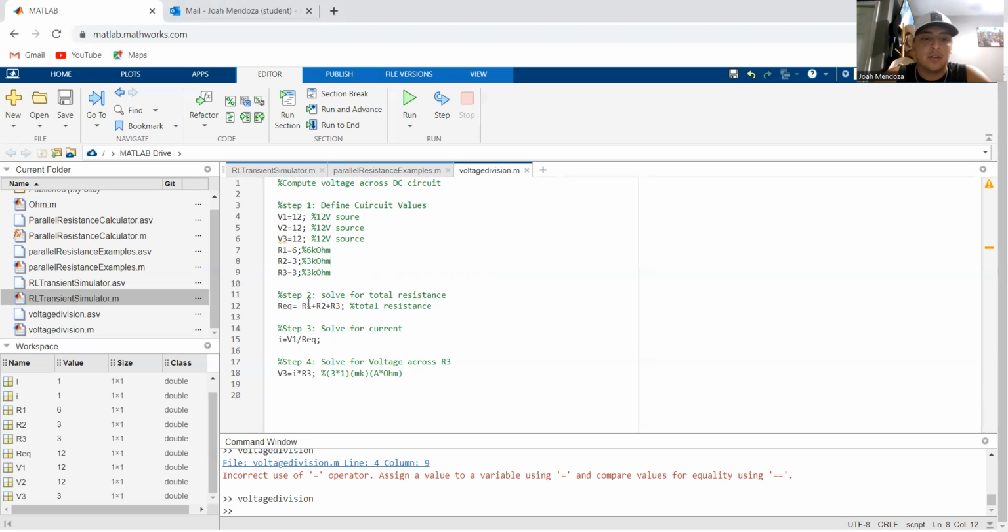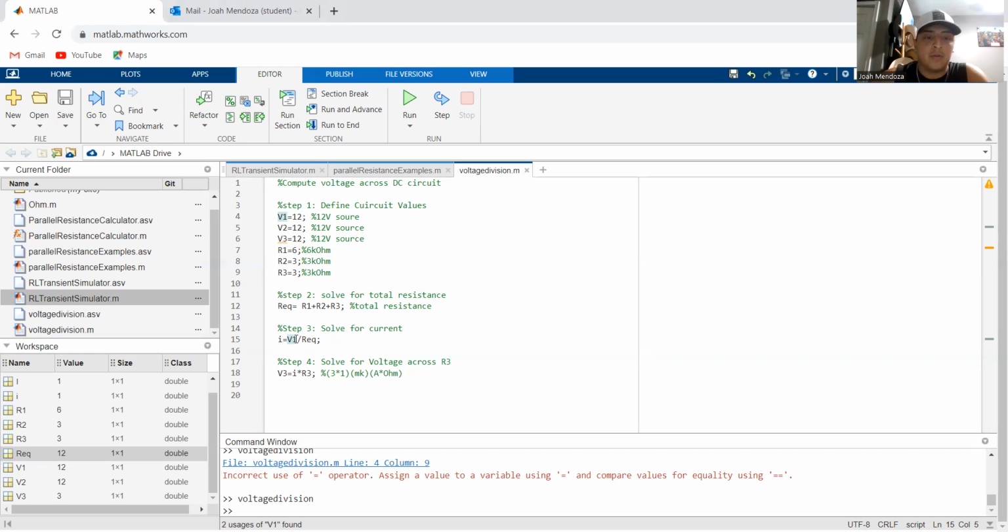And so you just add up R1, R2, R3. And when you do that, we see here that our value was 12. And then in step 3, you solve for the current. I equals V1. Actually, V1, V2, and V3 are all the same, I just haven't used V1.